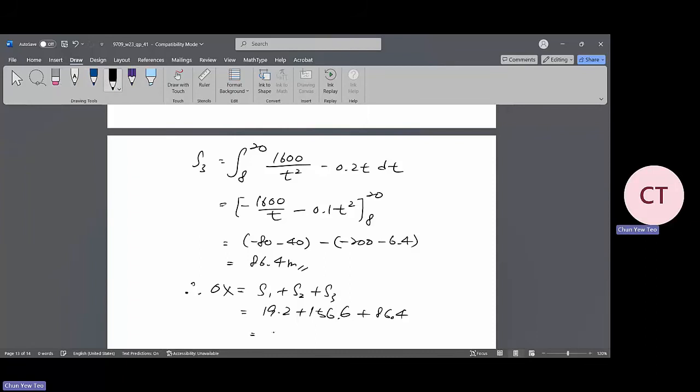Add all together, you get the answer as 262.2. So that will be the distance of OX.